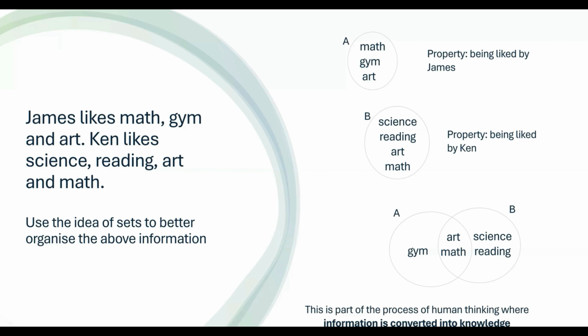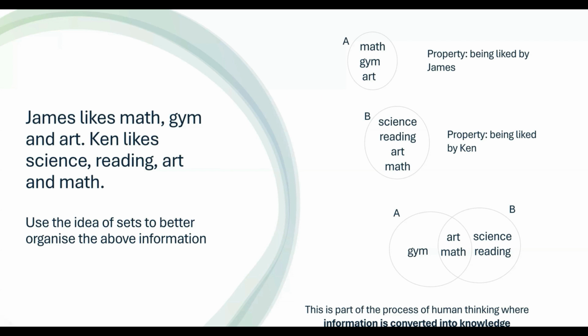Now, what actually happened here? This is a part of the process of human thinking where information is converted into knowledge. Now, this is really important. It's not that I'm trying to make a philosopher out of you, but this is what it is.